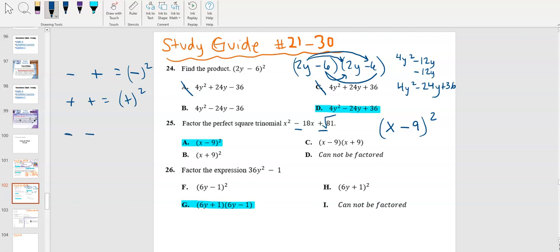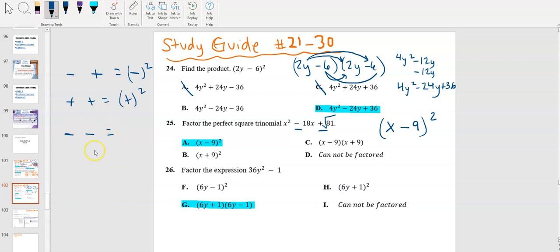Negative and negative means something else that has to do with your numbers being, as you can't do a perfect square this way. You can have the two negatives, but it would depend on if your answer is going to be positive or negative.